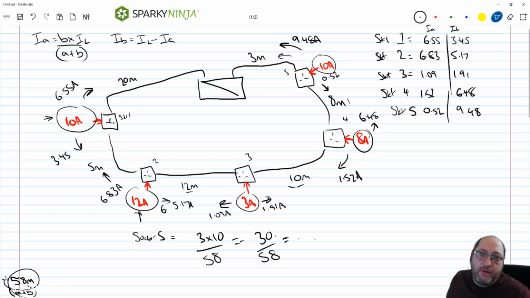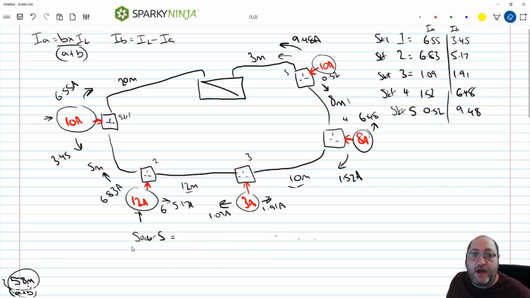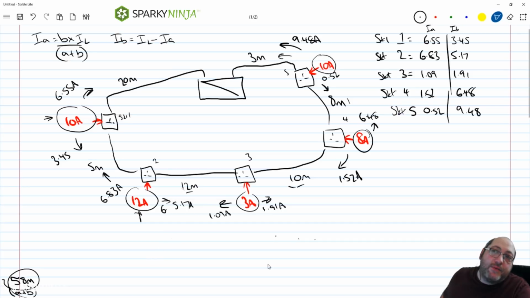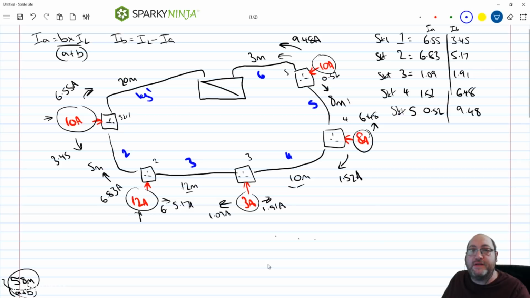Let's tidy this up. We don't need that working out anymore. What I now want to try and work out is the current on each of these legs. So let's label these legs: leg 1, 2, 3, 4, 5, 6.